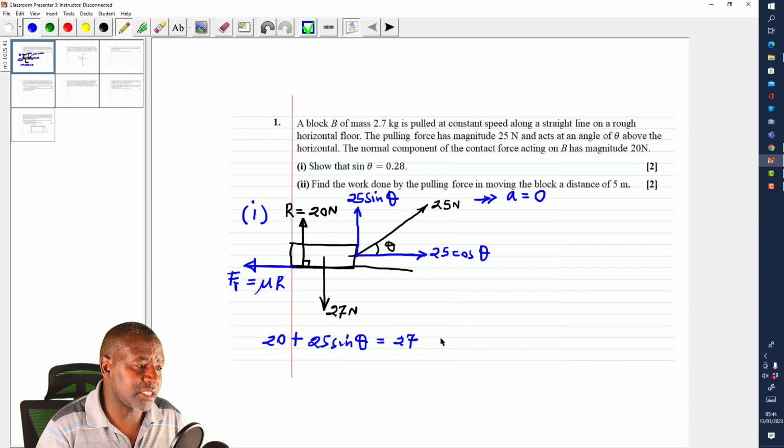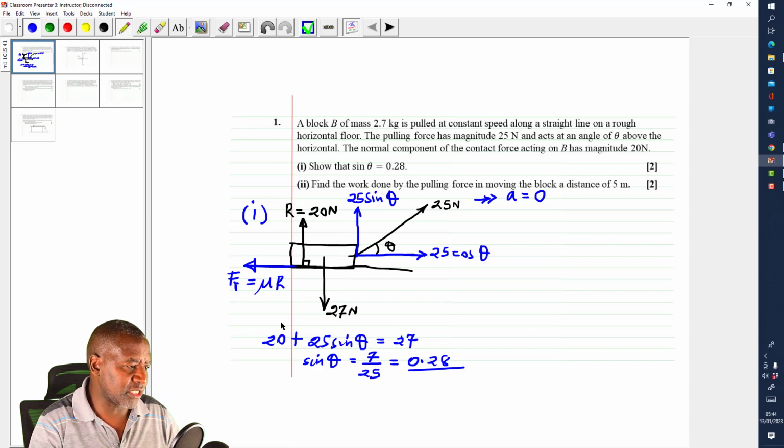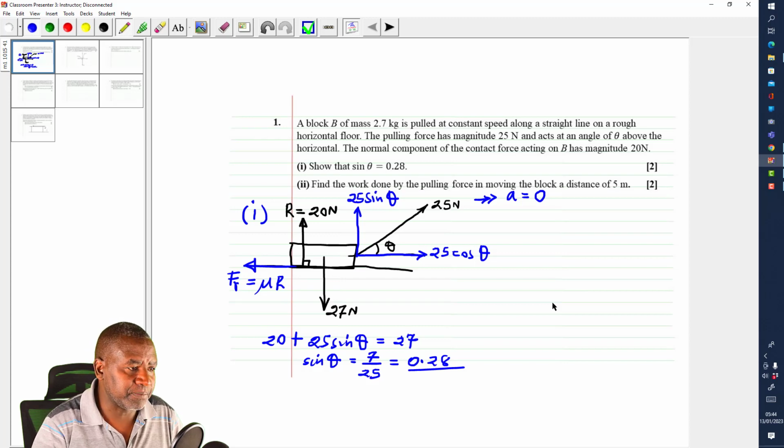I get 7, and then I divide both sides by 25, and I'm going to get sine theta to be 7 over 25. And if you use your calculator, you're going to find that this is 0.28. So the most important expression here is this point here. You must be able to come up with this expression.